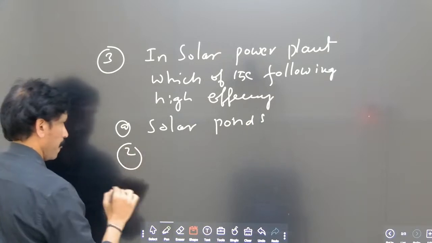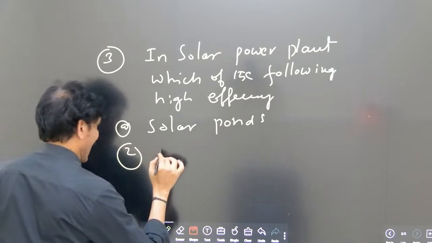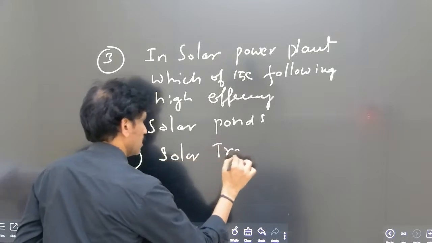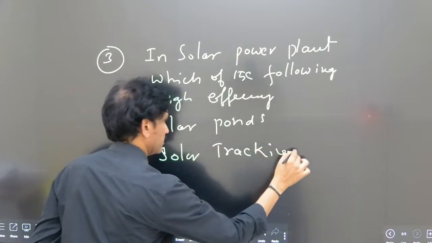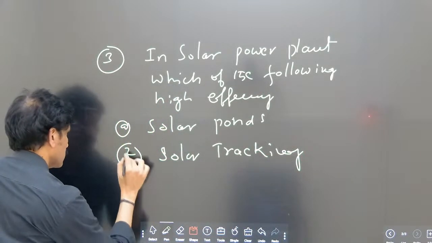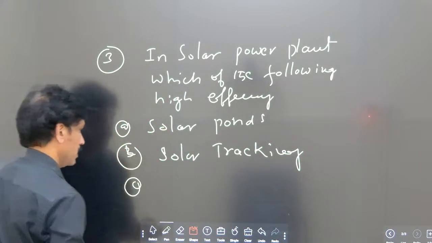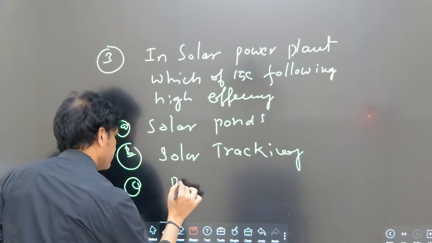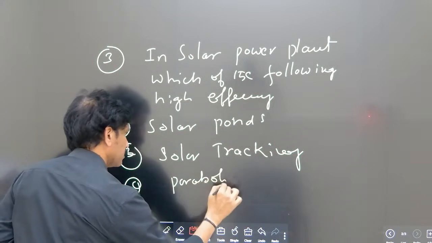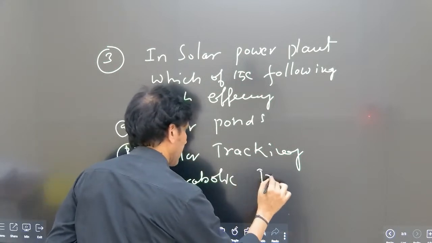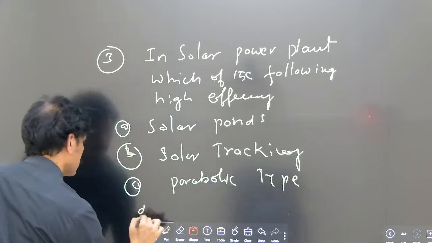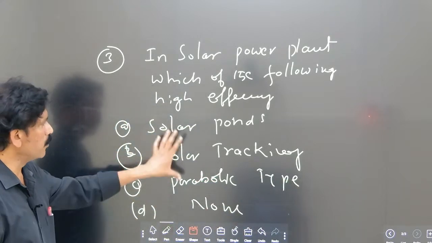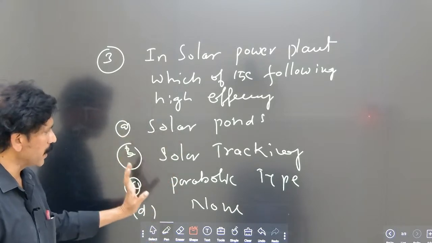Second one, solar tracking. Third one, parabolic type. This is none. So the competition is only between solar ponds, solar tracking, and parabolic.